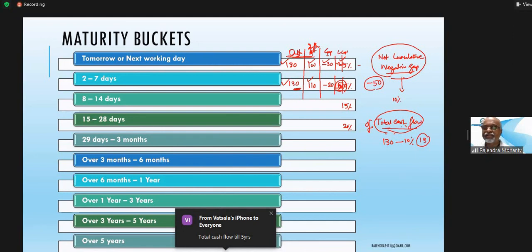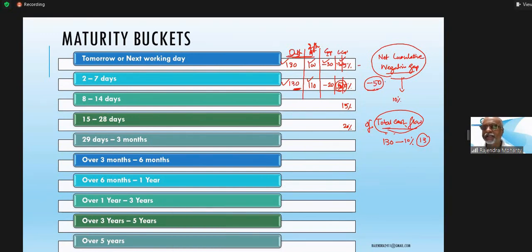So that means your level of liquidity allowed is 13, but you are at minus 50. That means you are exceeded by how much? 37. So that is not desirable. You have to arrange for that 37 and reduce this to 13 or less than that, or you can make a positive gap also.